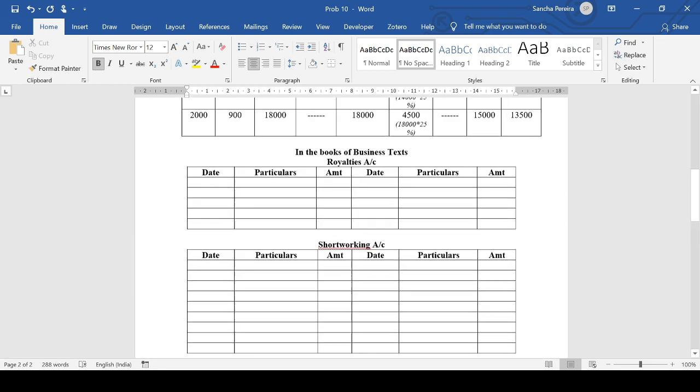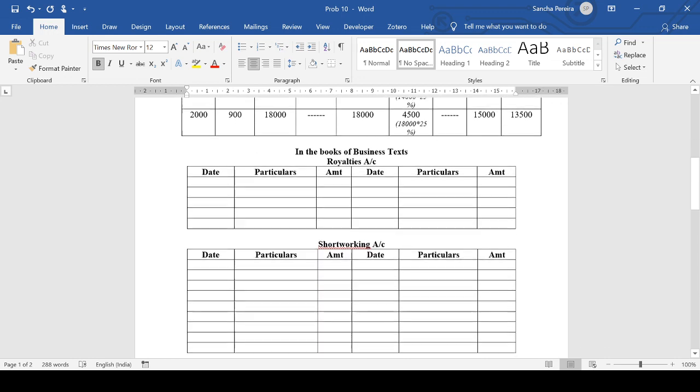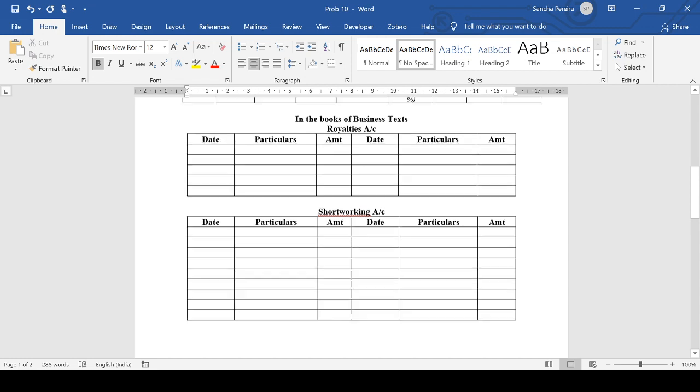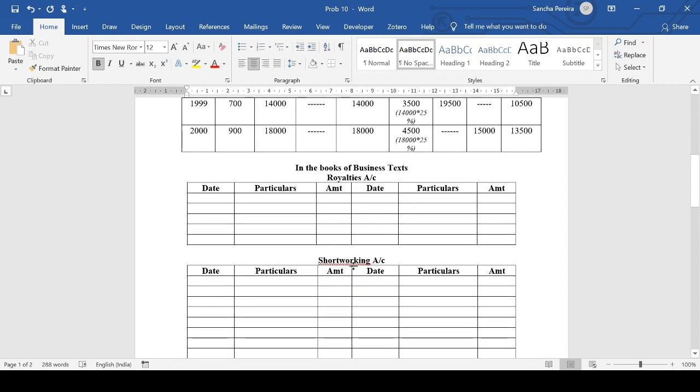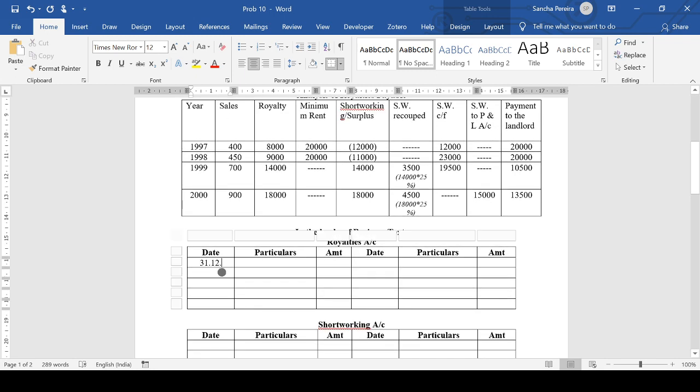In the first year, we have a situation where the minimum rent is more than the actual royalty. So the entry will be royalties account debit, short working account debit to landlord. On 31st December 1997, to Ahuja, the royalties of the first year are 8,000.